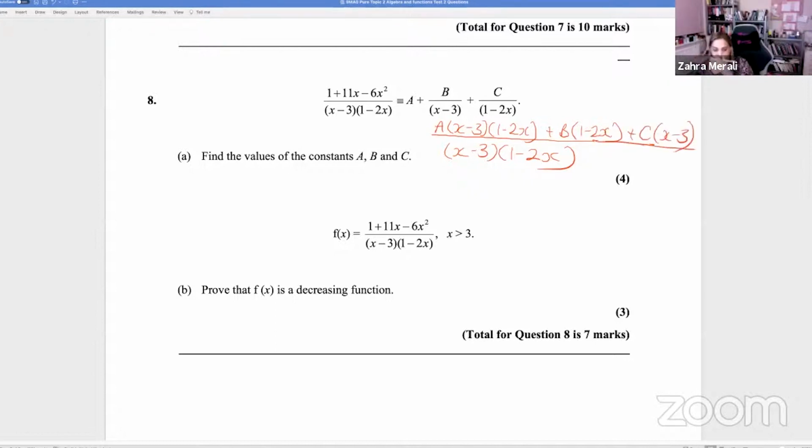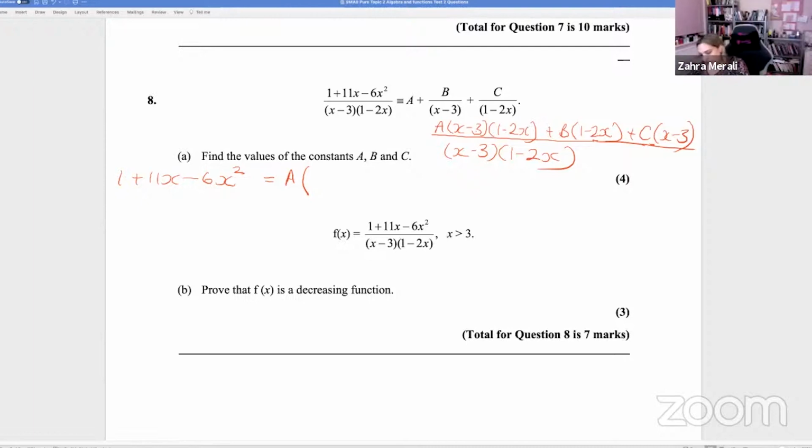Now, I would do a bit of both. So I'd say 1 plus 11x minus 6x squared equals a. I would equate the coefficients. If I open that out, I'm going to get x minus 2x squared plus 3 plus 6x.